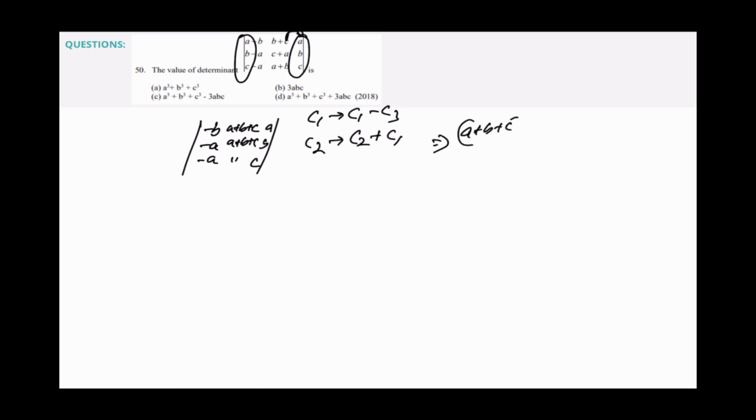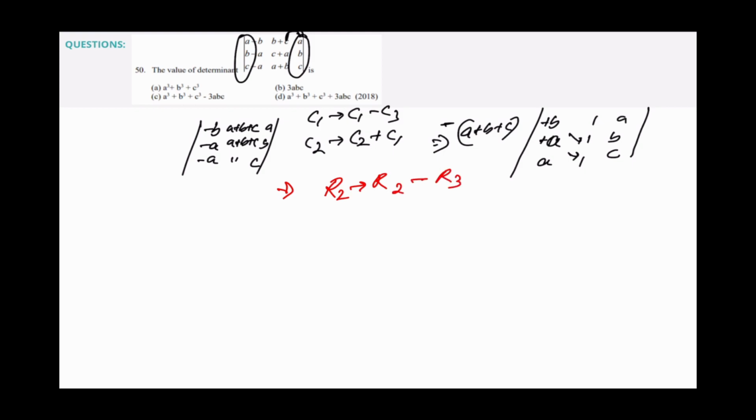A plus B plus C, and A plus B plus C, and here A, B, C. So I'll take A plus B plus C out. The moment I take it out, what I'll have is minus B, minus A, so I'll take the minus also out. So B, A, 1; 1, 1, 1; and A, B, C. Now I just make this and this 0.